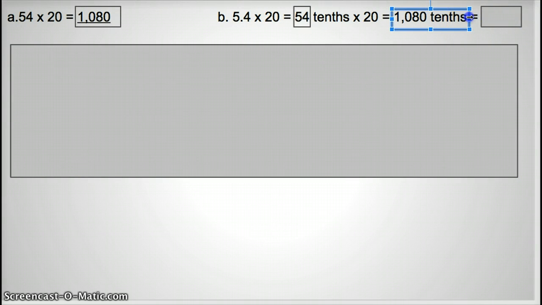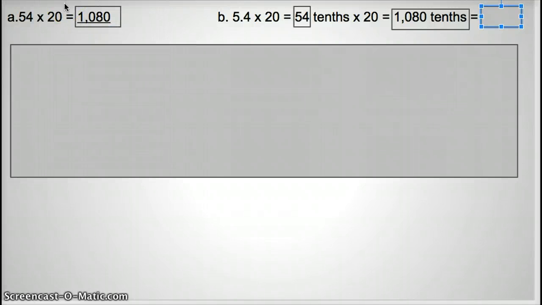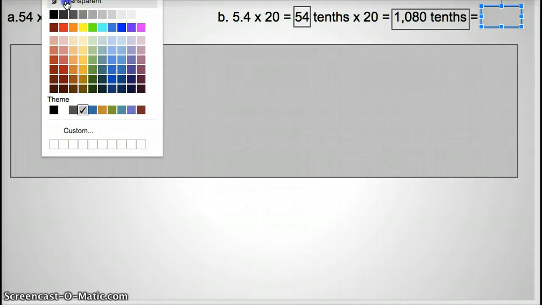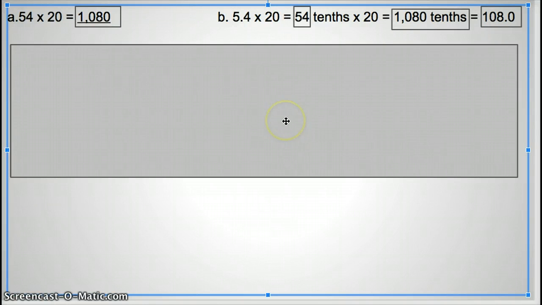Let's extend that a little bit. 180 tenths. Well, what is 180 tenths in standard form? Well, it is 108.0 or just 108.